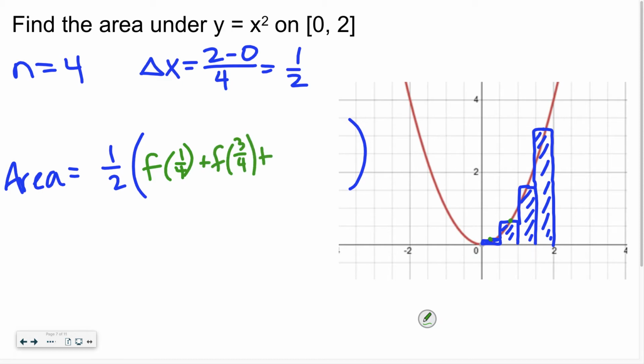And then this rectangle, we can keep playing this game, or we can remember how far apart each of our rectangles are? 1/2. So each of our midpoints are going to be 1/2 apart. All right, so 1/2 later would be 5/4, and 1/2 later would be 7/4. And we can just do that instead of finding the middle of every single rectangle.